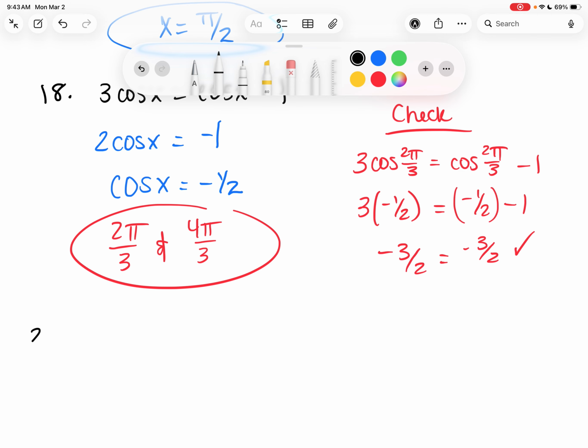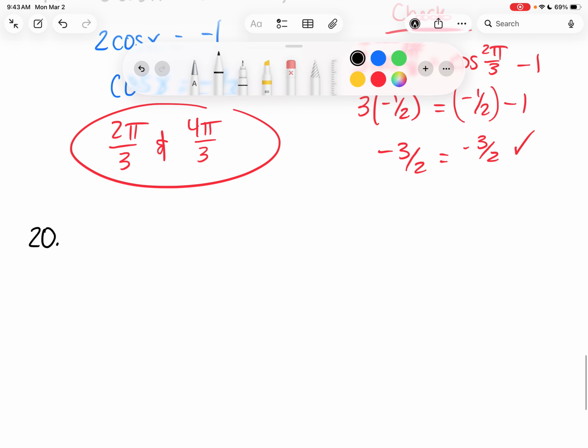Let's see, 20. Actually, it looks like this one might have something similar to that. 5 tangent squared of x minus 15 equals 0. Add 15 and then divide by 5.